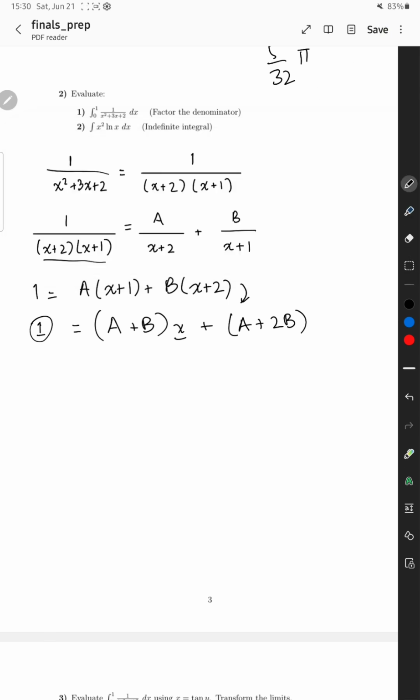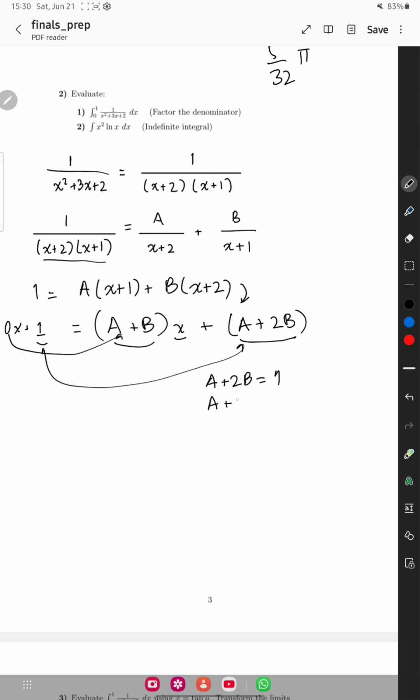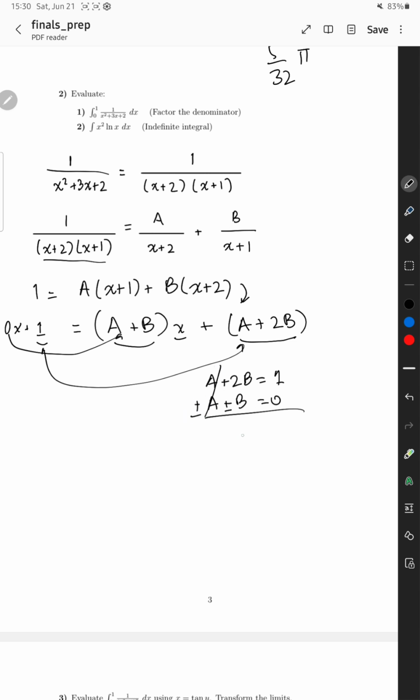What I was saying was the constant term here should equate with the constant term here. So a plus 2b equals 1, and the term having x here is 0, so a plus b equals 0. Now you can subtract these, and this would become 2b minus b. a minus a is 0, 2b minus b is b, and 1 minus 0 is 1.